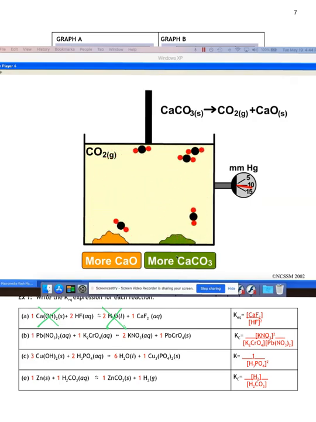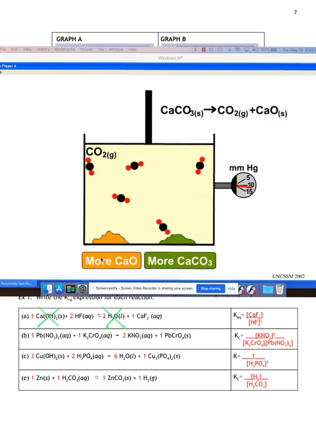Now, you also notice some calcium carbonate that's in green, and calcium oxide is in orange. By the way, this system's at equilibrium, and aside from the concentration, there's an error on this. There should be a double-headed arrow, so imagine the arrow going the other way as well, the reverse direction.